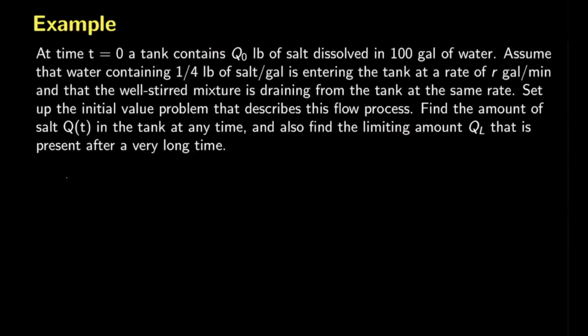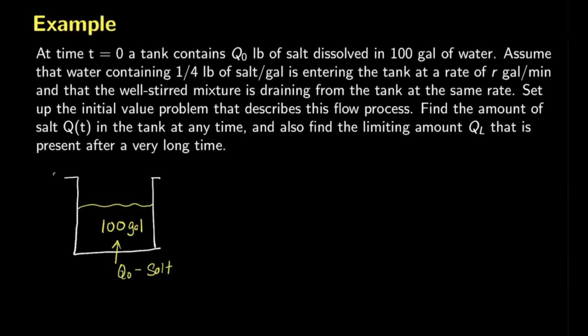As you can see in this picture, we have a tub. You can read this problem, but I have already read it, so I will just write the things which I find in this problem. Initially, there is 100 gallon of solution, and in this 100 gallon, there is Q of 0, the amount of salt initially.